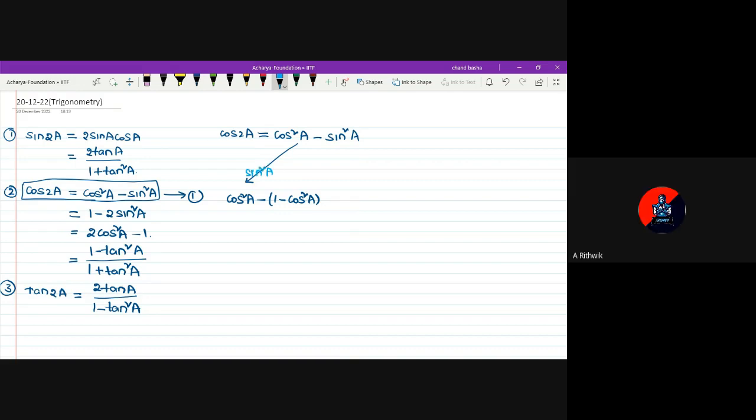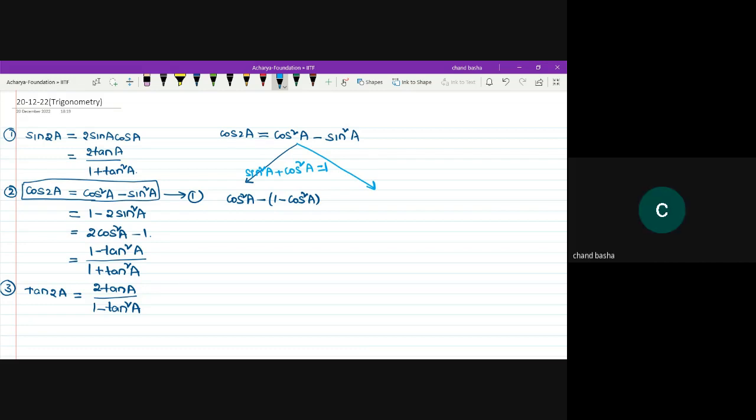Sine square A plus cos square A is equal to 1. We proved this also using the Pythagoras theorem, right-angle triangle, in the first class: sine square theta plus cos square theta is equal to 1.